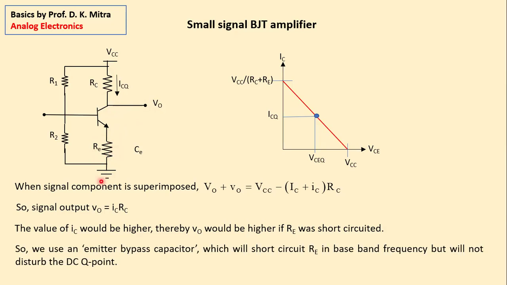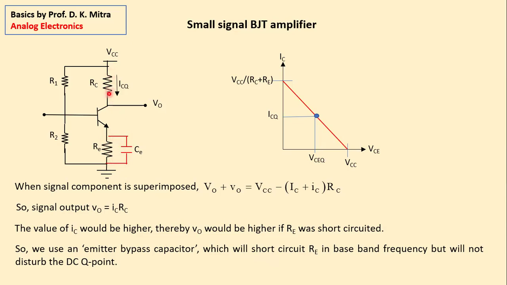So what do we do? We use an emitter bypass capacitor, this capacitor, to short circuit RE at the baseband frequency.